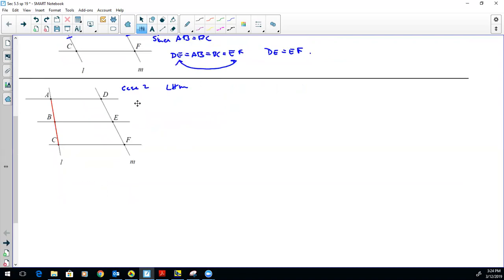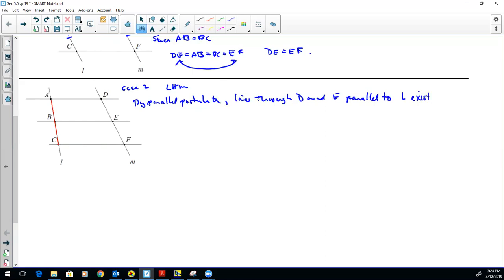Parallel postulate: I can find a line through D that's parallel to L. Lines through D and E parallel to L exist.